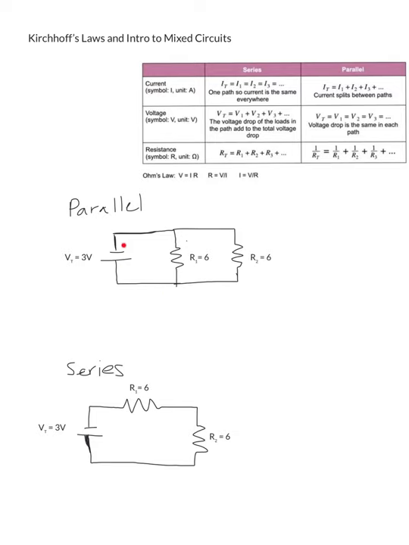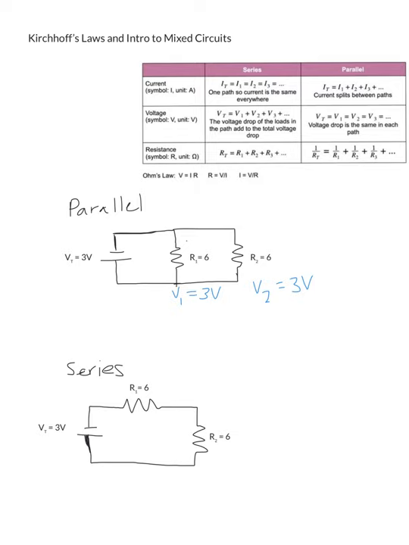This first path will have a voltage drop of 3 volts, and the voltage drop in the other path will be 3 volts as well. No matter which path those electrons take, they're going to lose all 3 volts, come back to the battery, gain 3 volts and go back through one of those paths and lose all 3 volts. So no matter what path they take, they have to lose the total voltage.